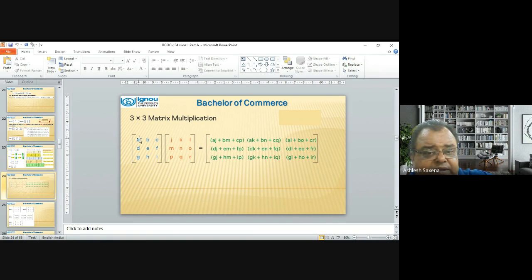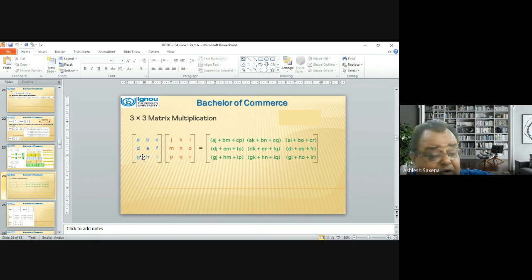This one, this multiplied by this. Third one, this multiplied by this. When we move to the second row, this multiplied by this, so we get this. Then this multiplied by this, we get this. Third one, this one with the third column, we get this.